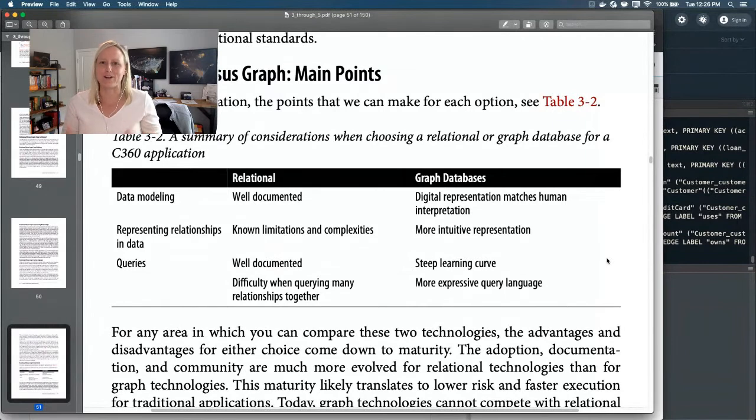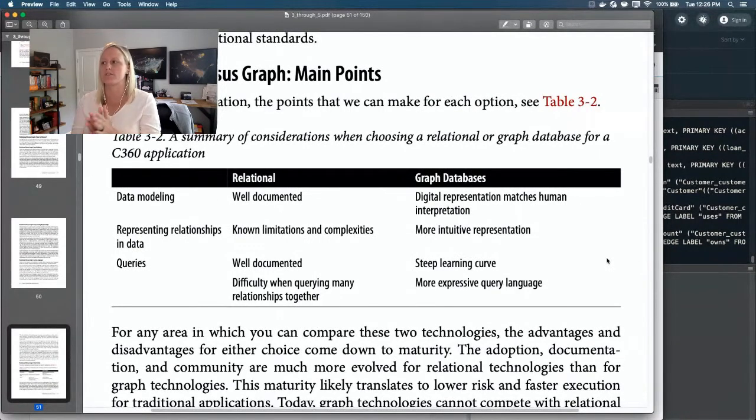It's probably already out there. So that's one way to think about where relational is always going to win. It's going to be faster to develop with relational right now because the documentation is way better and way more expansive.